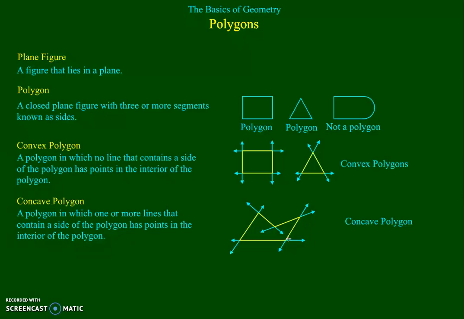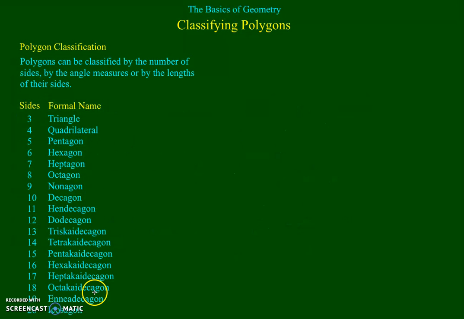Now, it's necessary for us to be able to classify polygons by their number of sides. So that's what we're going to look at next. Now, some of these classifications you've heard before, and some of them should be new to you. Obviously, a three-sided polygon is a triangle. Hopefully you knew that. A four-sided polygon is a quadrilateral. 5, pentagon.